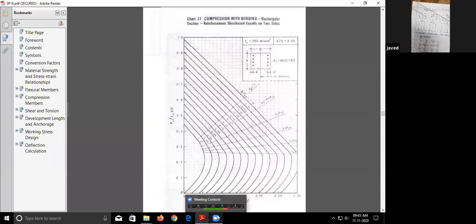Now second step, calculate Pu by fck bd and Mu by fck bd square. Yes, this is what I am telling you, which is on the x axis and the y axis.